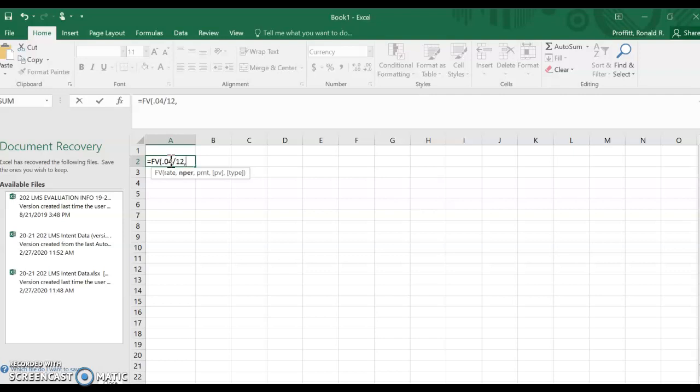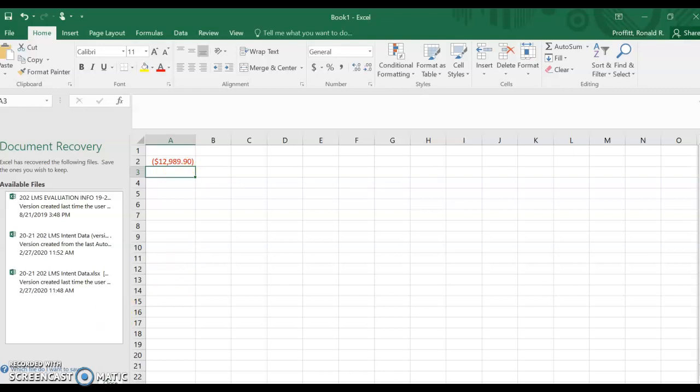And then the number of periods was 4 years, so it's 12 months times 4 years. Now you can type in 48, that's fine. Comma, the payment was $250 and the present value in the account is 0, and we can just leave type blank. Close parentheses, hit equals, and Microsoft Excel will give you the exact answer.